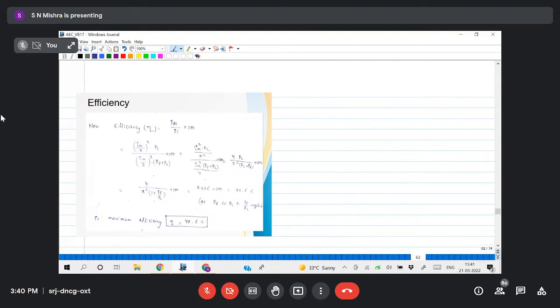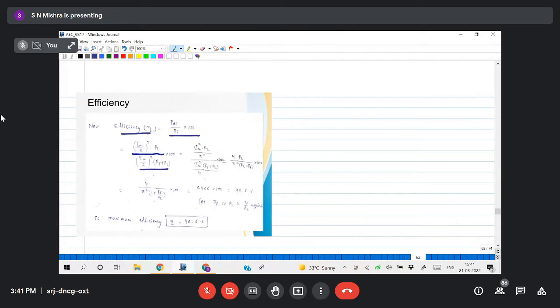So you see here, efficiency eta equals PDC by PAC into 100. What we have found out as PDC is Im by pi whole square into RL, and PAC is Im by 2 whole square into RF plus RL.